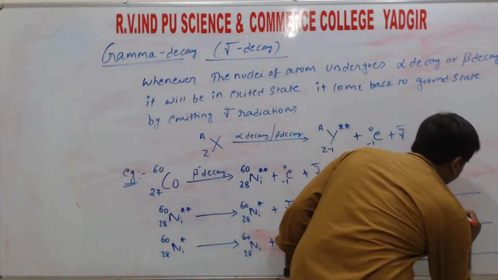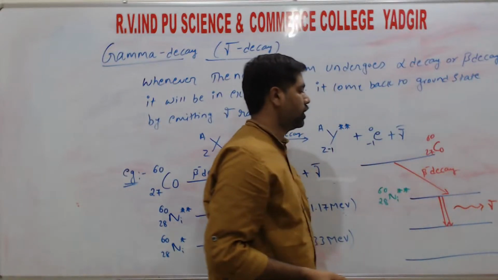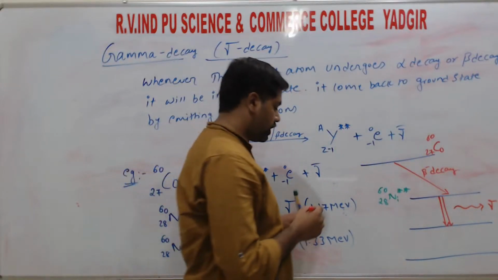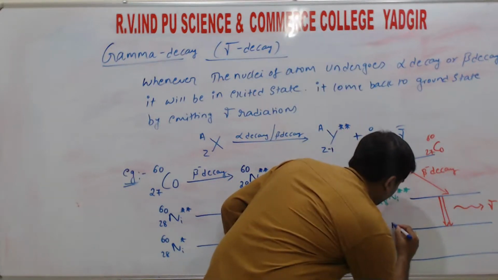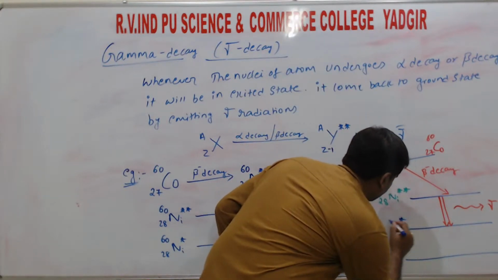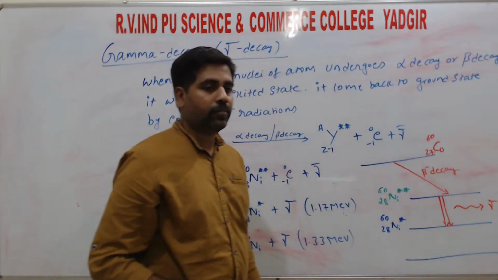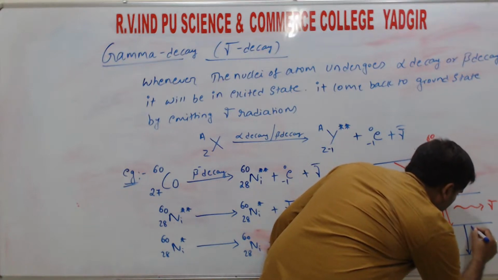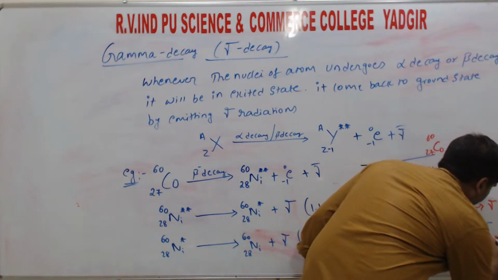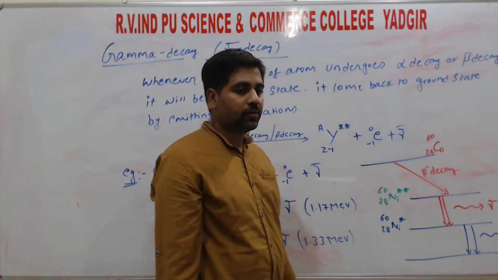Then it emits the gamma radiations, right? Then this state is Ni 60 and here it is 28. Again it comes to ground state, and here also it emits the gamma radiations.